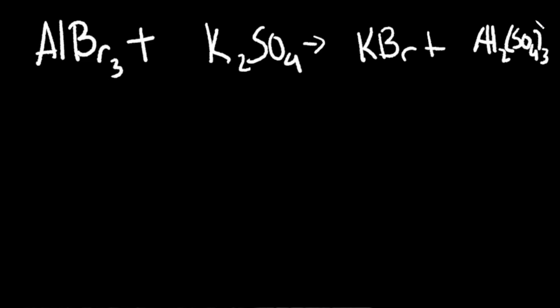Alright, over here we have aluminum bromide plus potassium sulfate. So in this, we'll go to potassium bromide and aluminum sulfate. This is just a simple double replacement reaction, but as you can probably notice, this equation isn't balanced.